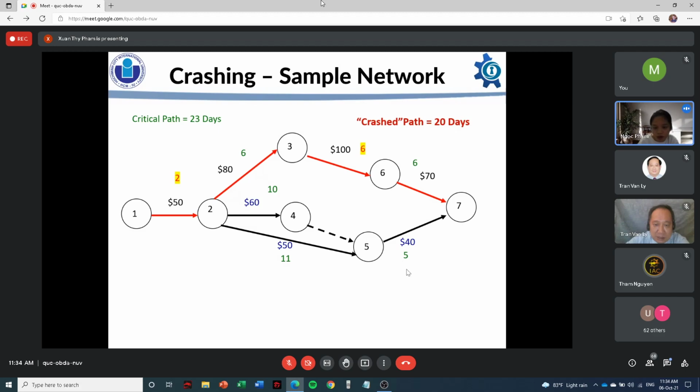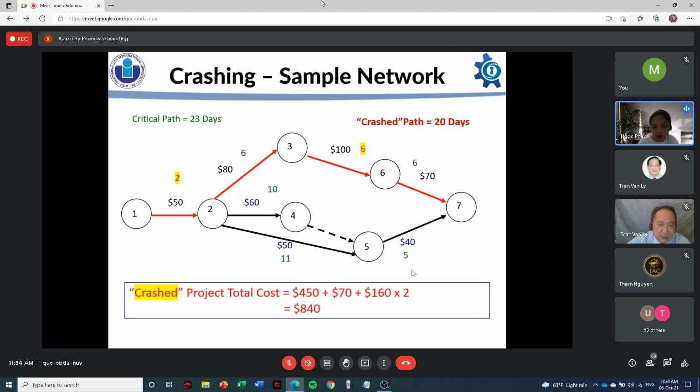I reduce it to 6 days, and we get the crash duration of 20 days, and for the crash total cost, we take the normal cost plus the additional cost, and we get the crash cost, which is $840.